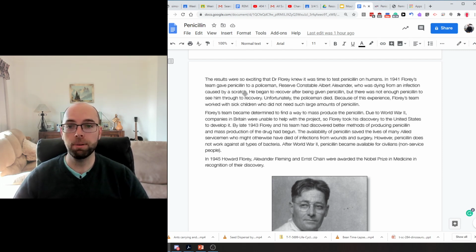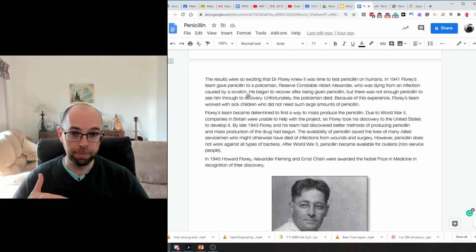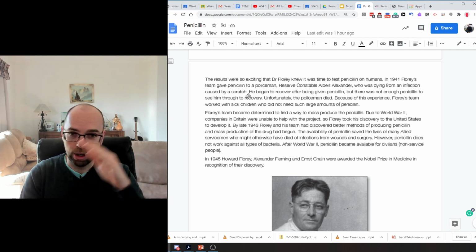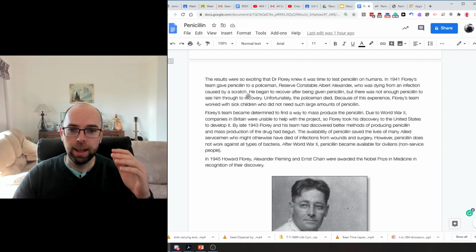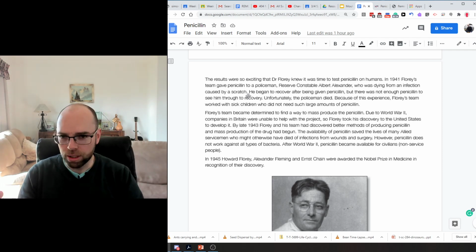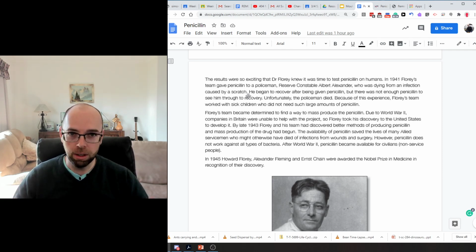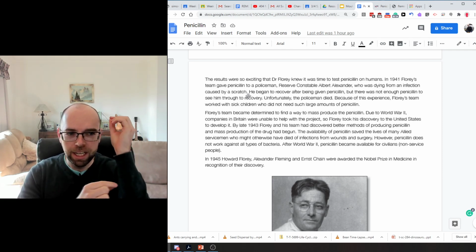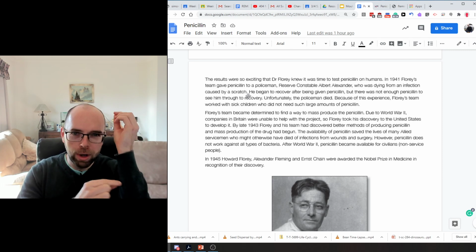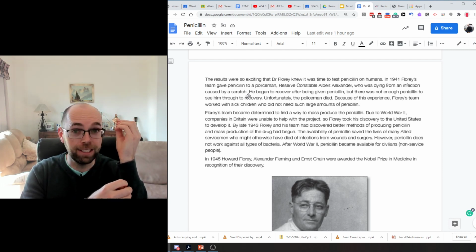This is something that used to happen all the time in the olden days. What would happen is people would get cut or step on something sharp, or even in the war, they would get shot. Let's say they got shot in the arm. And the bullet or the cut or the thing they stepped on wouldn't kill them. But bacteria, little microorganisms, would get into their cut and infect it.